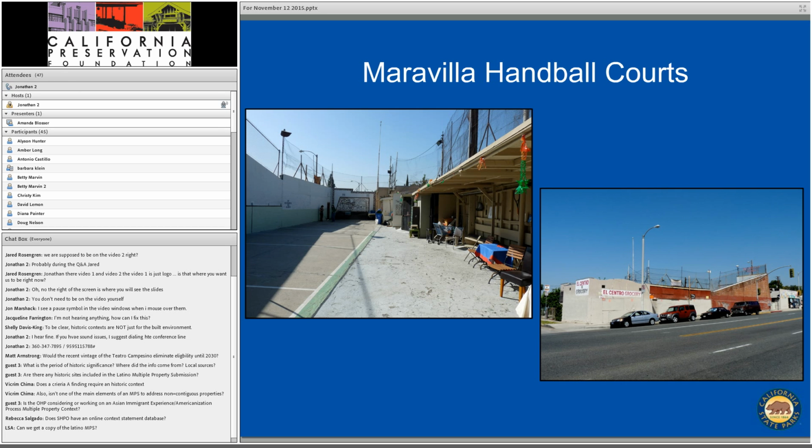I wouldn't characterize it that way. Each property nominated under cover of a multiple property submission requires an individual nomination. So technically, yes, they would be non-contiguous, but not in the sense of a district that is non-contiguous.